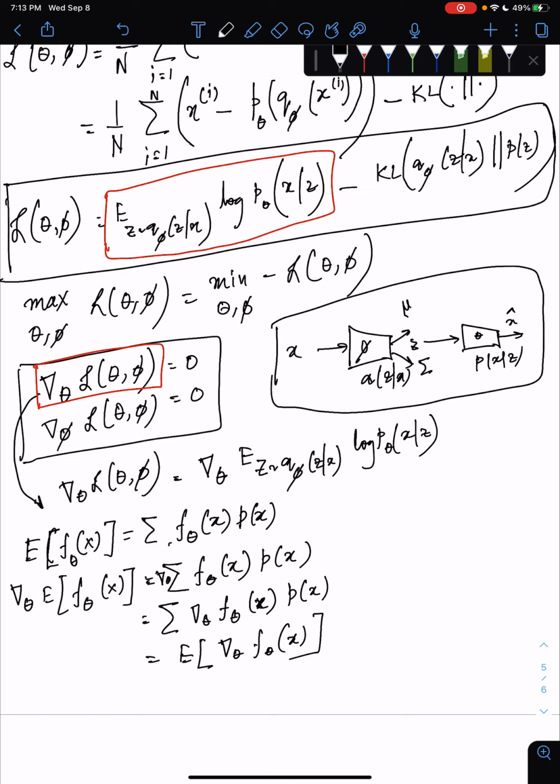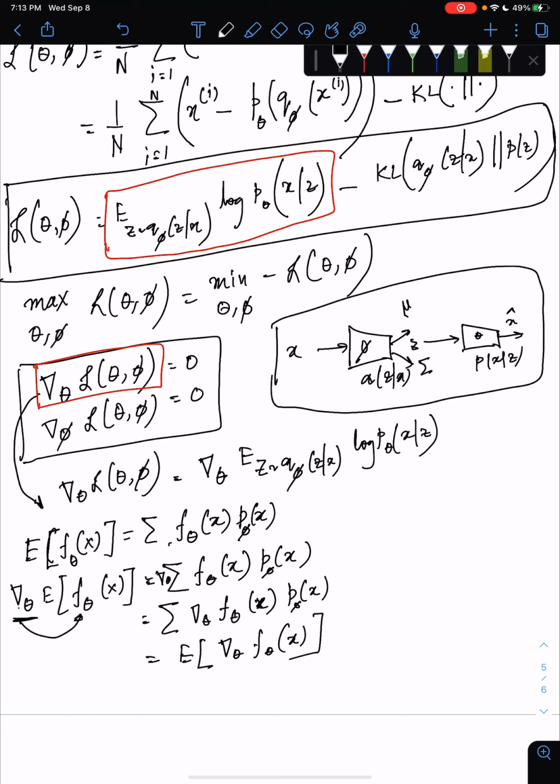What I'm trying to say is that when I'm taking the derivative of an expectation where the distribution function is parameterized by some other parameters, I can push this derivative inside.